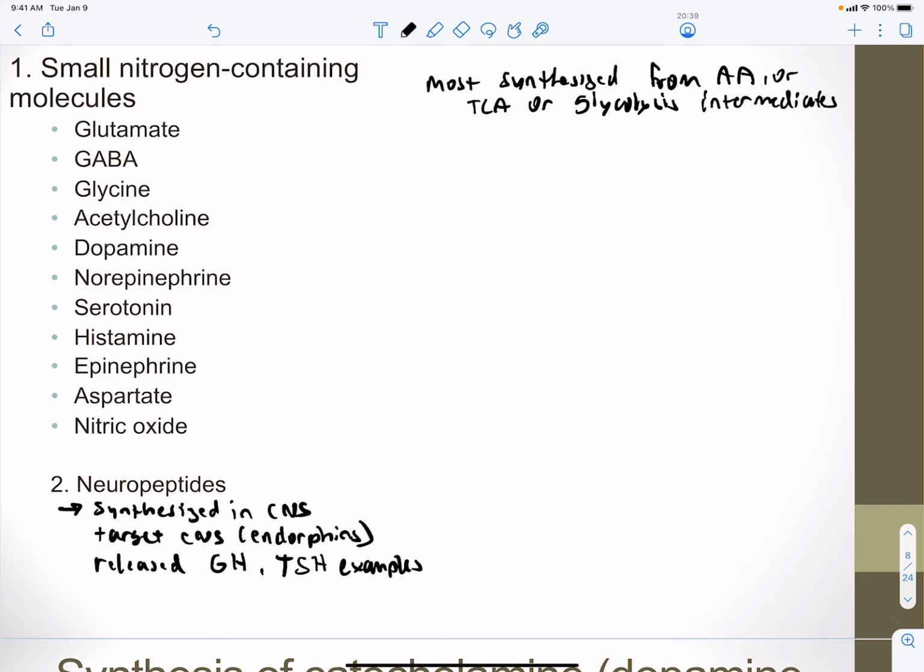The synthesis is going to take place in the cytoplasm of the presynaptic terminal.